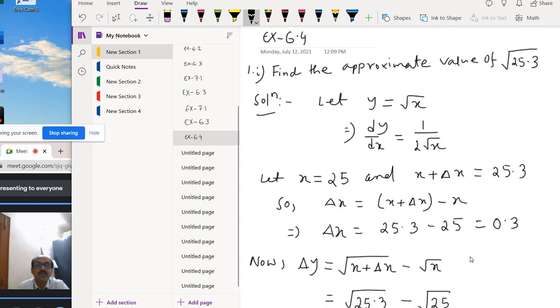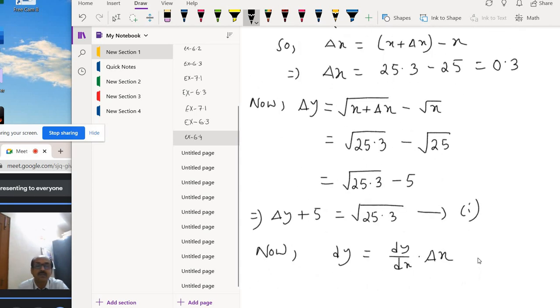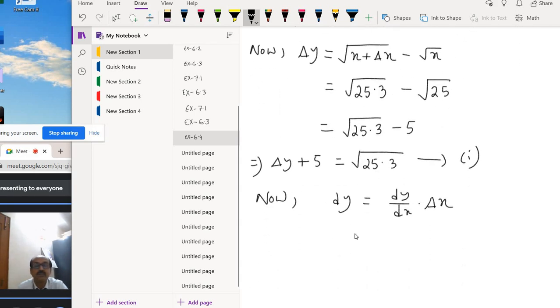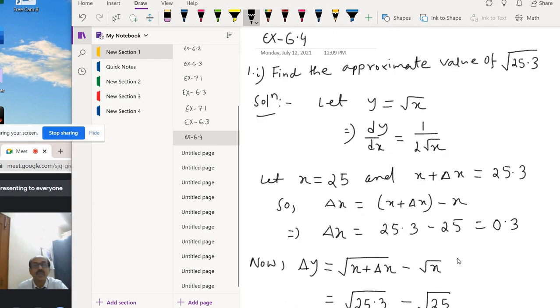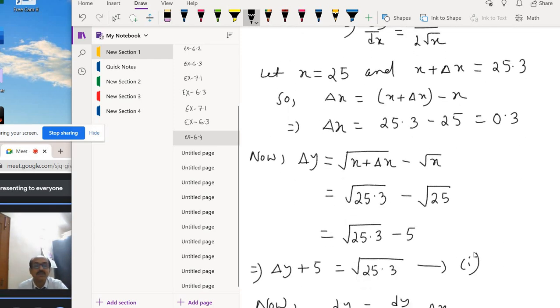Now dy by dx means 1 by 2 root x, into delta x equal to 0.3.